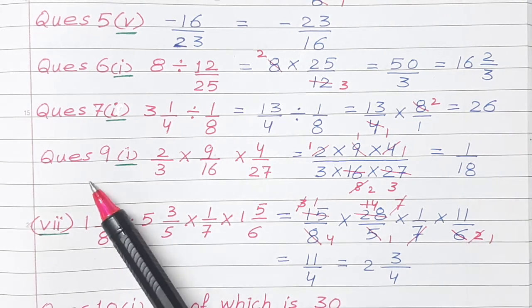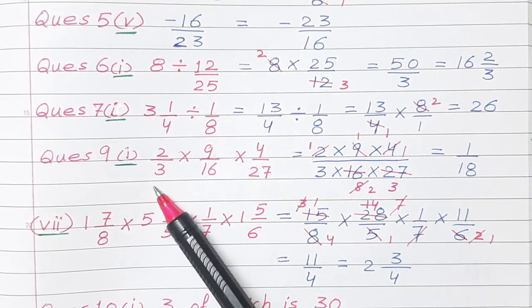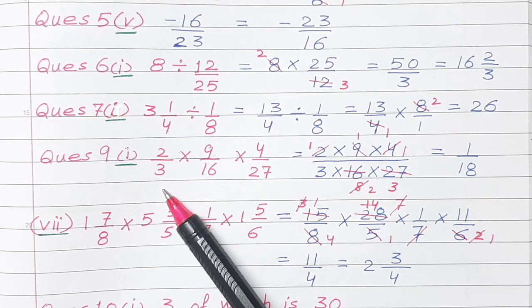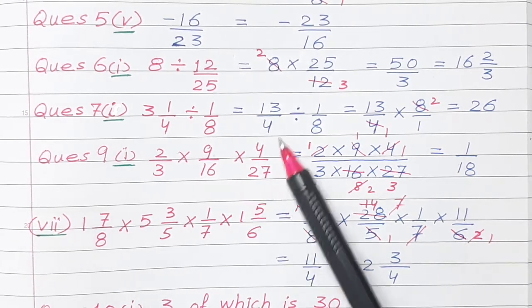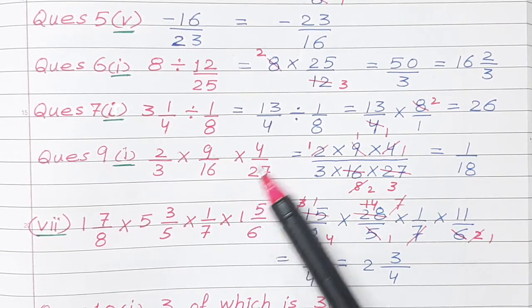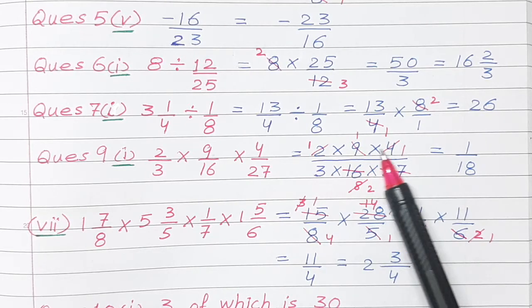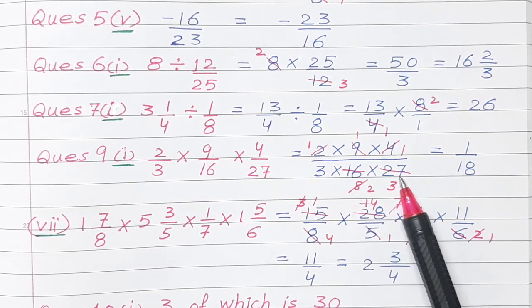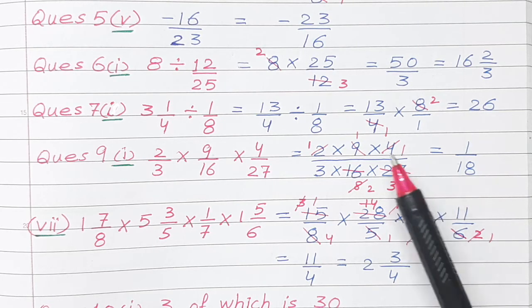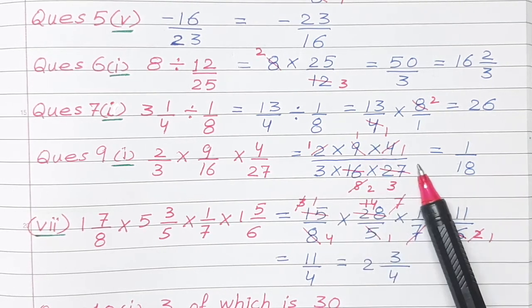Now children, question number 9, first part is 2 upon 3 multiply by 9 upon 16 multiply by 4 upon 27. So, we multiply all the numerators and same as the denominators. And before that, we can simplify the terms. Right?